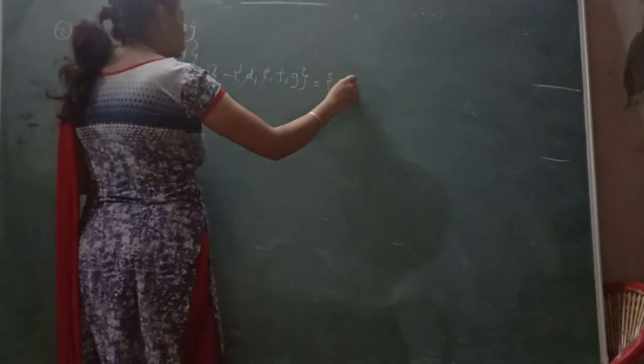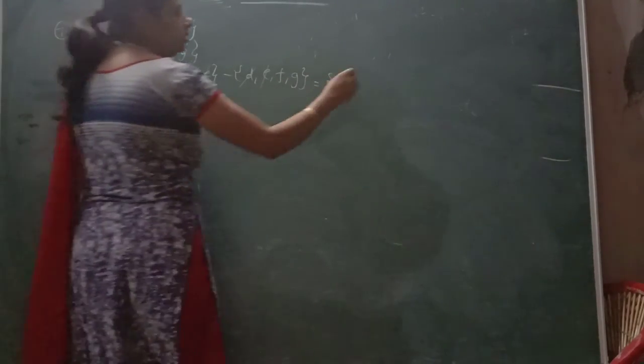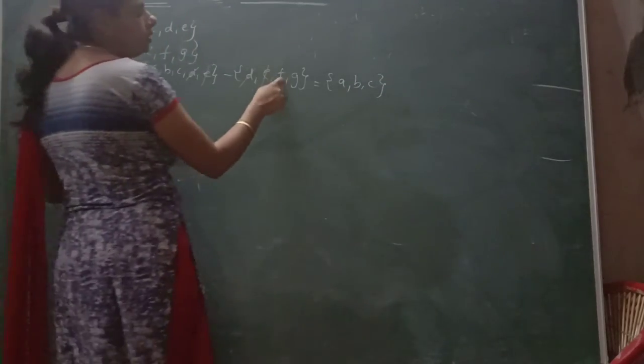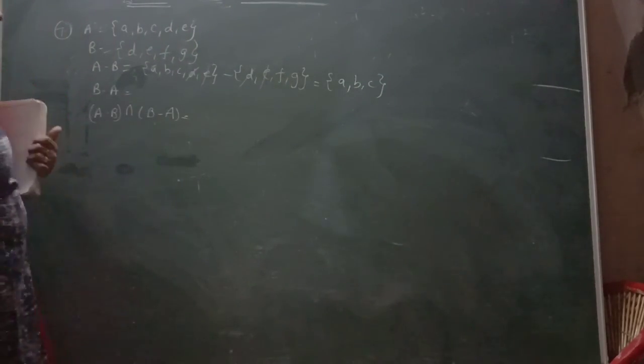So your answer will be A, B and C. All the elements of the second set will not be included.